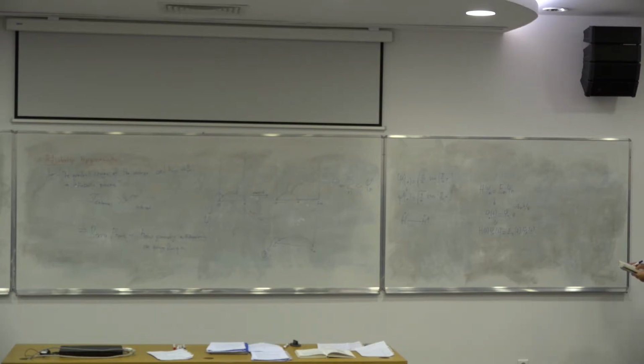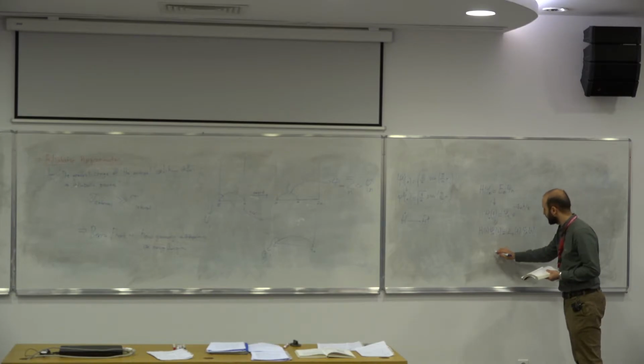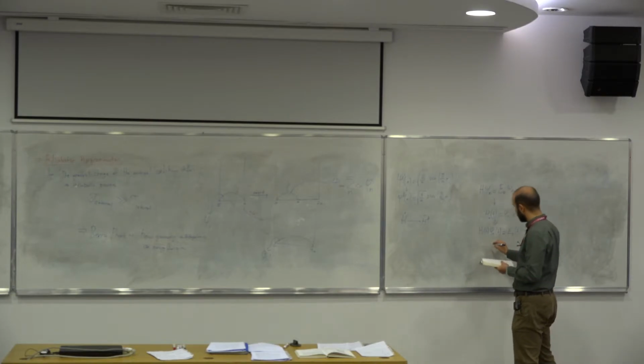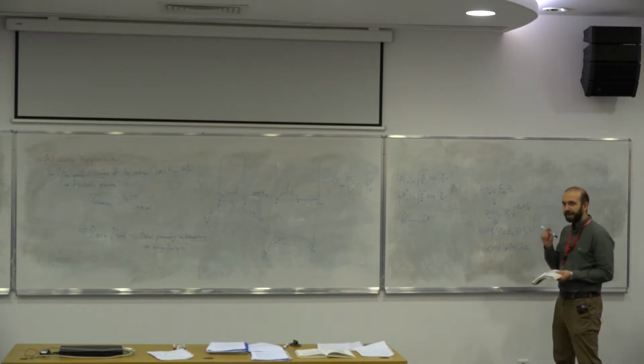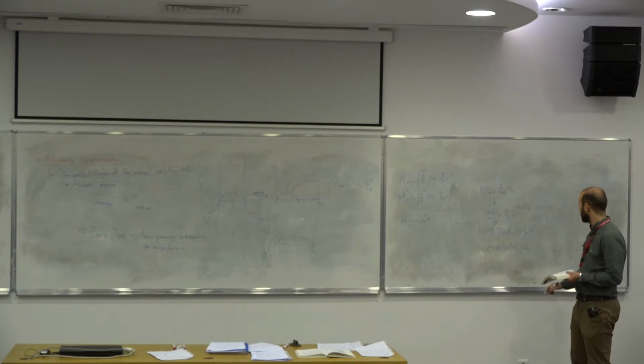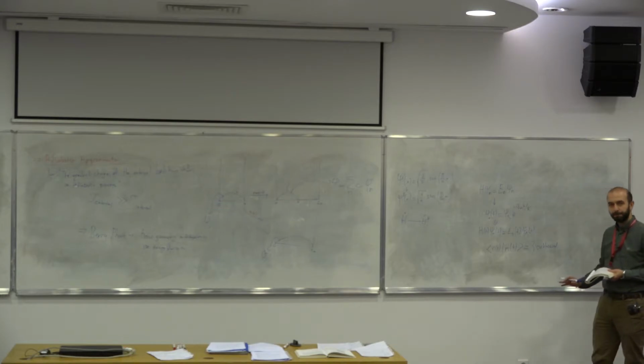Now, the assumption is this. If I take any state, let's denote it n of t, and another state, m of t, if I do this gradual change, they will be orthogonal all the time.